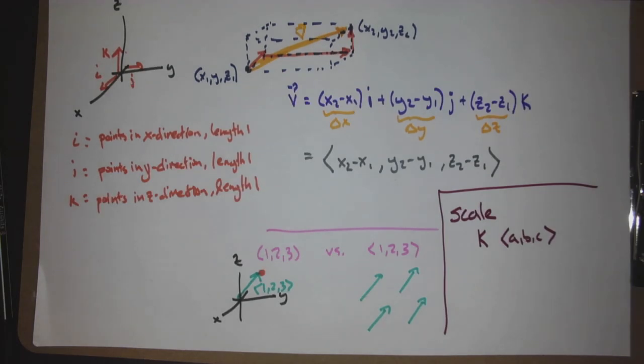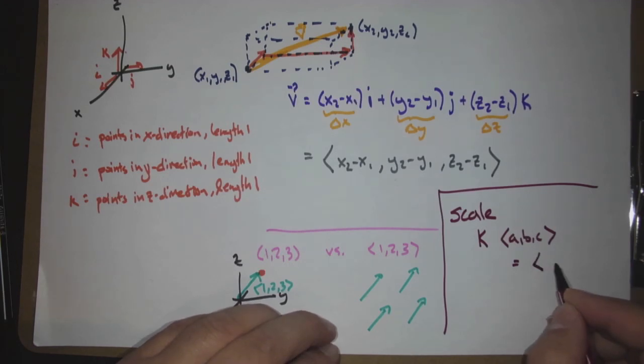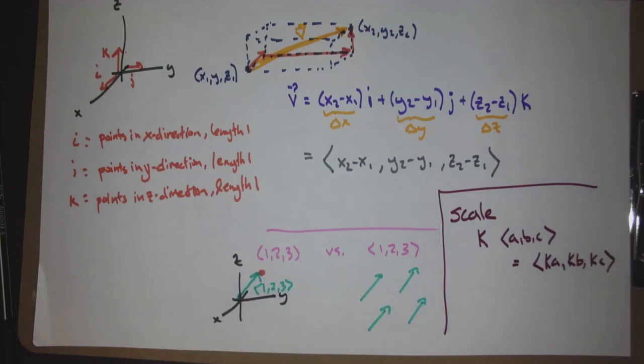Intuitively, what should you do? Yeah, someone said multiply a and b and c each by k. And that's exactly what you do. If I have my vector ⟨a, b, c⟩, and I want to have that multiplied by a factor of k, I just multiply the individual changes each by a factor of k.